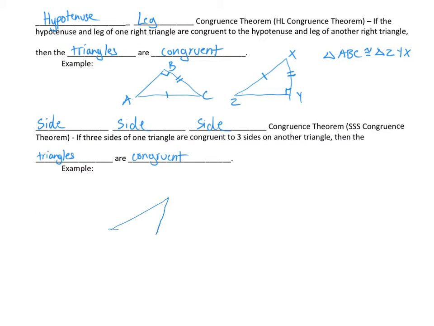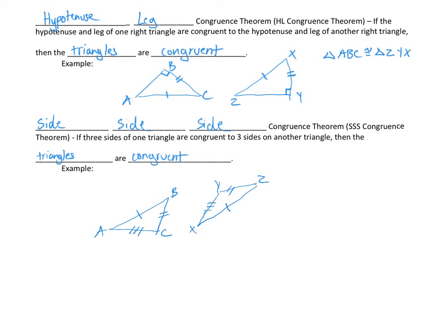Let's draw an example like this, and an example like that. We'll call this ABC again, and XYZ, and I say, oh, all the sides on one triangle match the other sides. They correspond to the other. So if all the sides are congruent to each other, then these two triangles must be congruent.